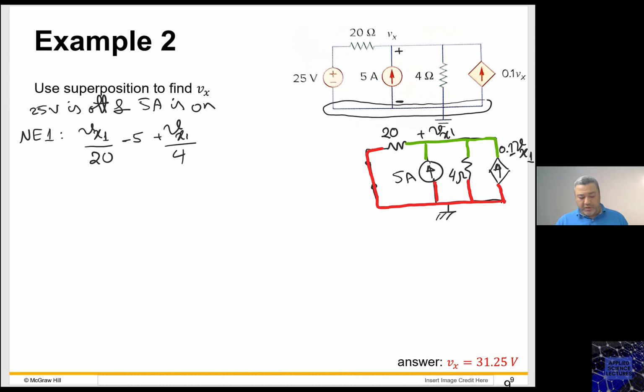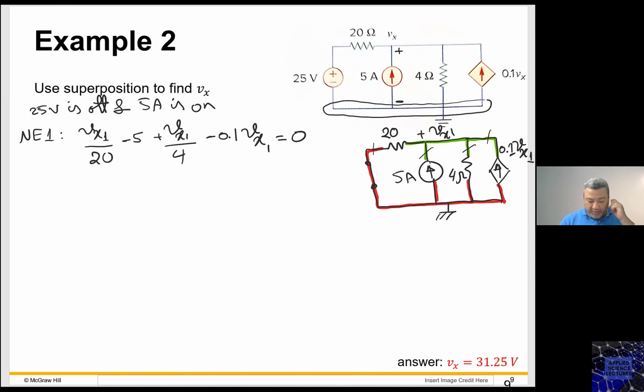So this is a review for the nodal analysis as well, minus 0.1 Vx1 equals to 0, right? Make sure that you did not miss any of the branches. So you have 1 branch, 2, 3, and 4. 4 branches, right? So this is the nodal equation. What else do you need now? You can solve now. You have one equation, one unknown.